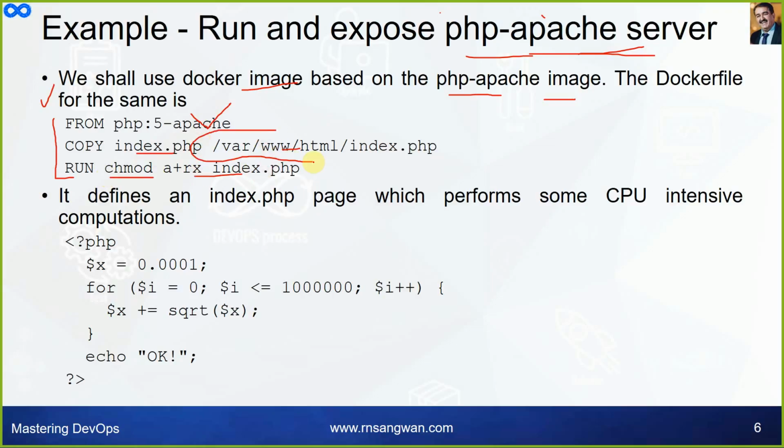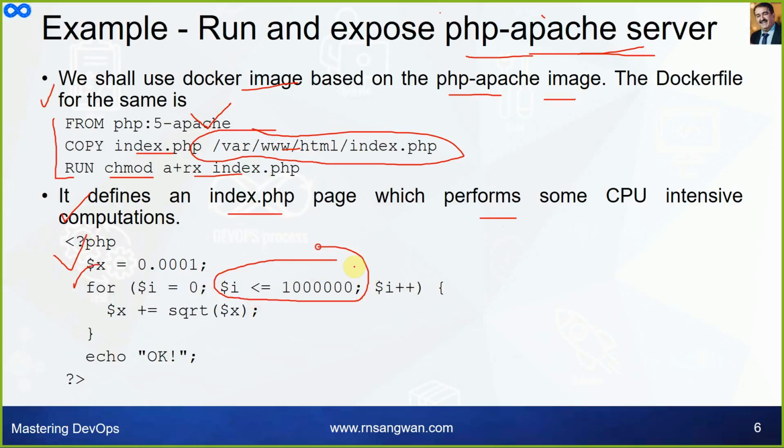It is served under the default web directory. It defines the index.php page, which performs some CPU intensive computations, like a simple variable using a loop many times, and then displaying a square root calculation, some mathematical expression just to keep the system busy.